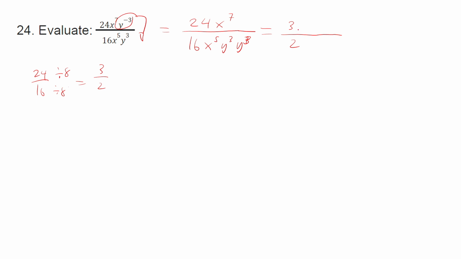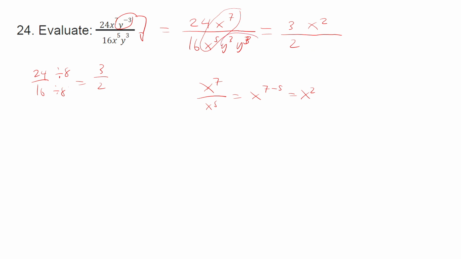Next, let's focus first on the x. This one is x raised to 7 over x raised to 5. That one is the quotient rule. And what do you do in quotient rule? You subtract the exponents. And that's going to be x raised to 2.